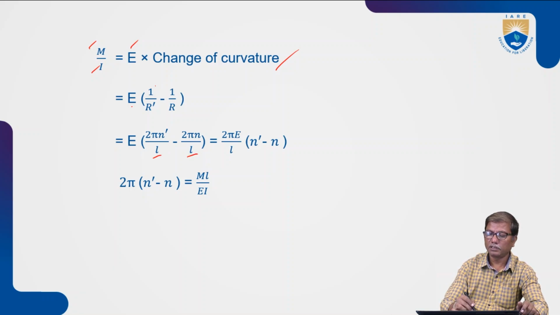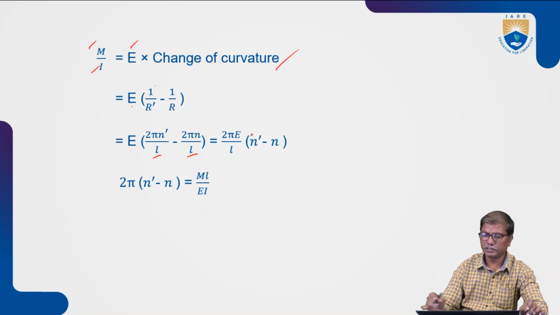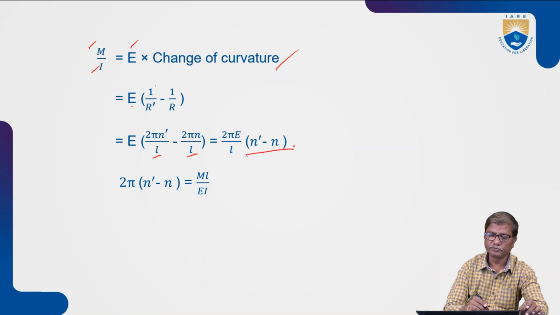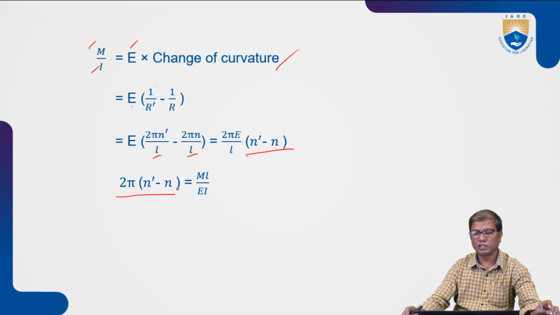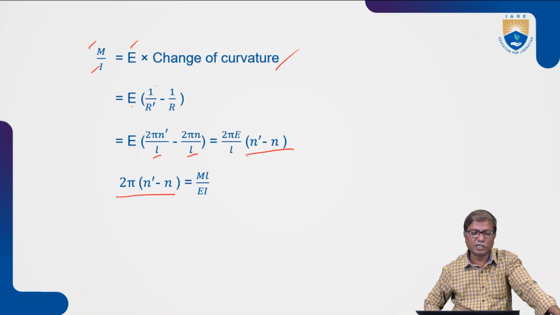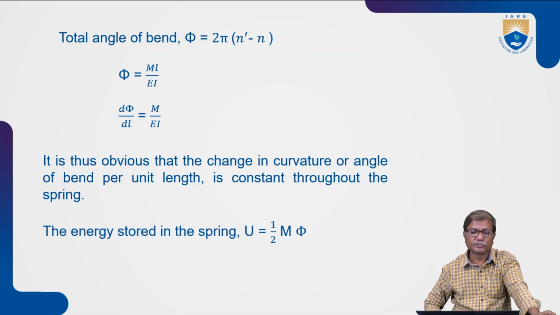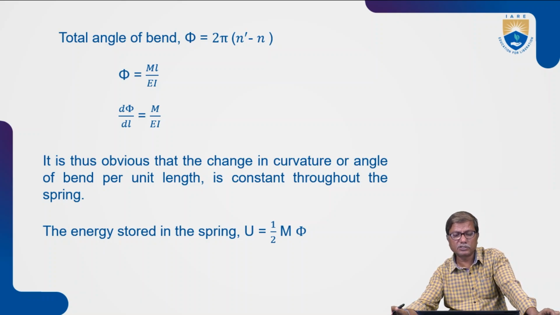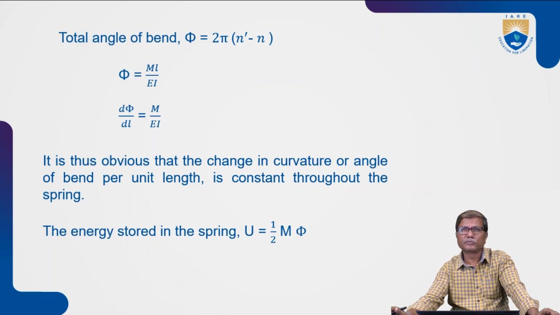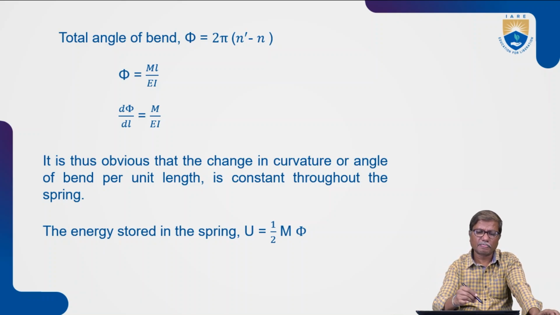Taking 2 pi by L common, you will have 2 pi E by L into n dash minus n, or 2 pi into n dash minus n is equal to ml by ei, and that is the angle of bend. Total angle of bend is 2 pi into n dash minus n.